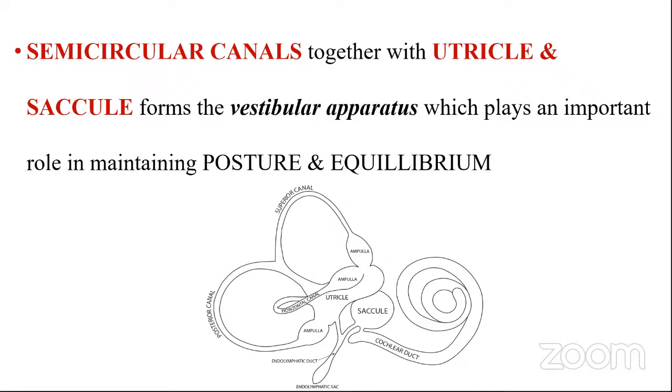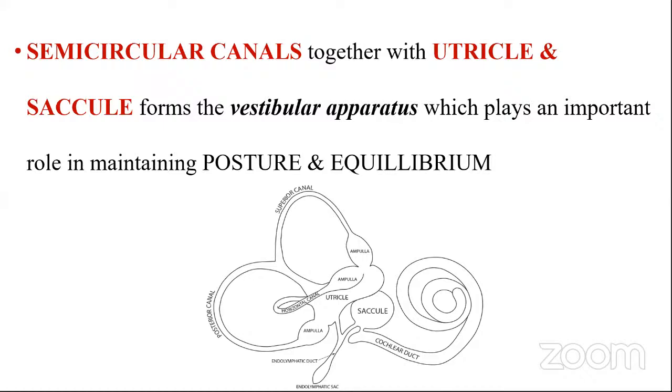The horizontal canal is the small structure shown here. It is connected to the utricle along with the superior canal.